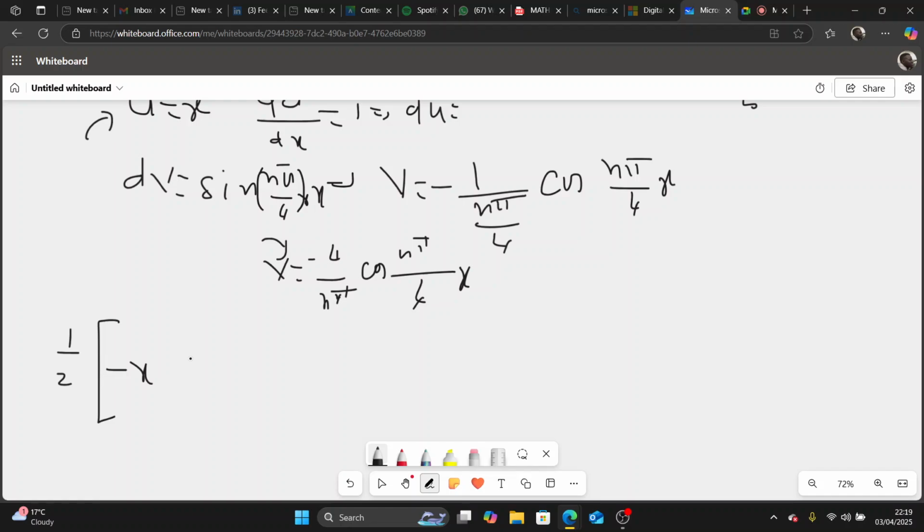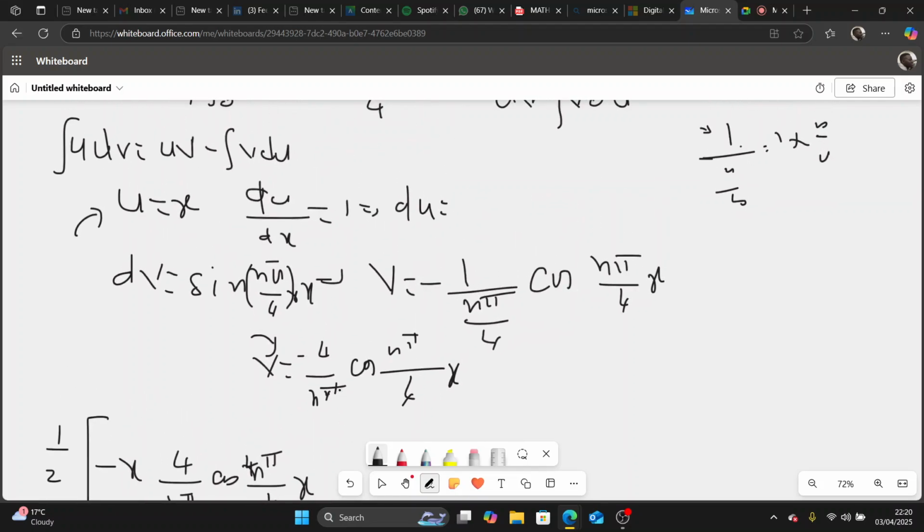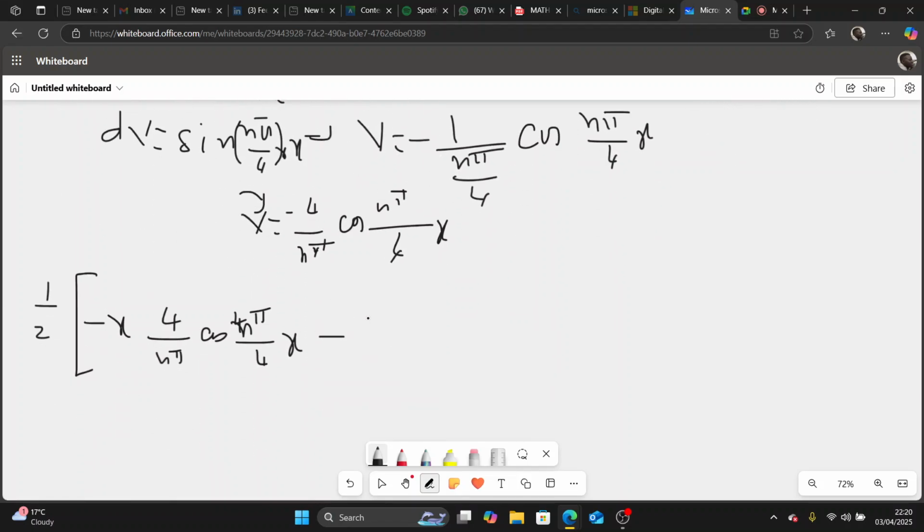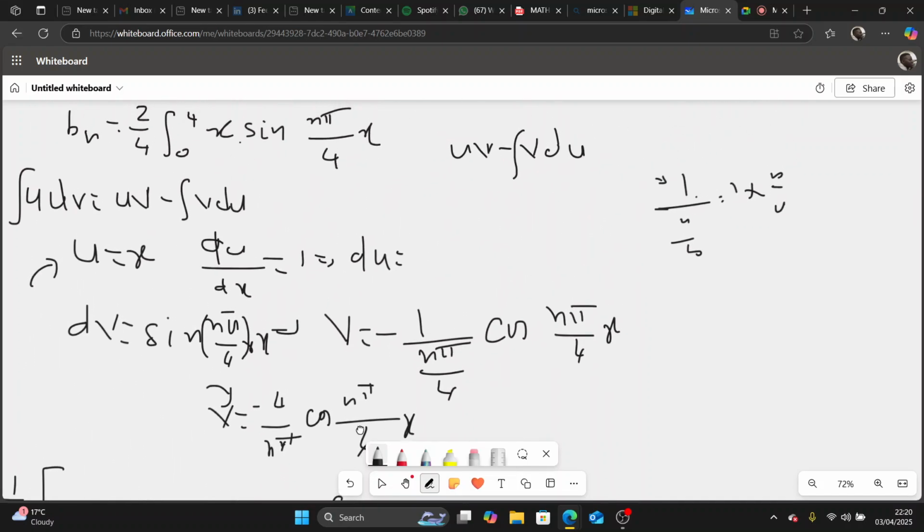Let me put minus x, and then we have 4 over n pi cos n pi over 4 x. That is your uv. Now you have minus of the formula, integration of v du.